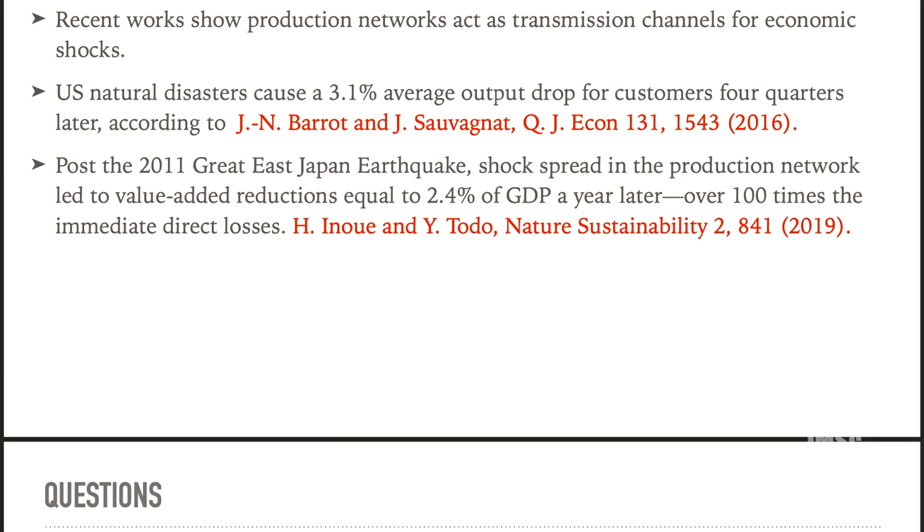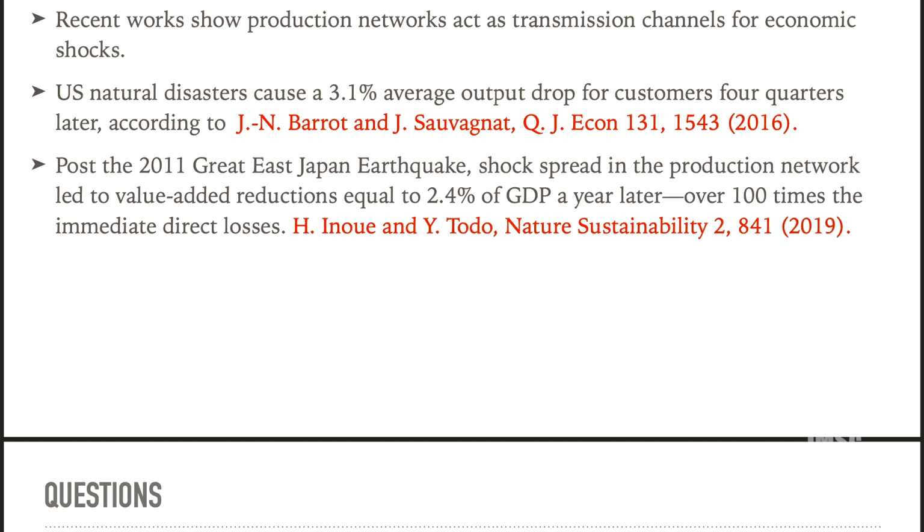Some empirical studies showed that a US natural disaster causes a 3% average output drop for customers four quarters later, according to this paper.